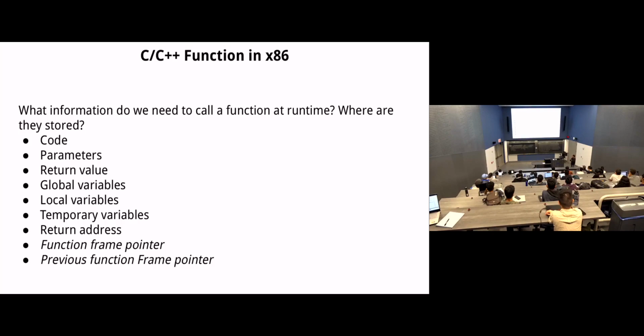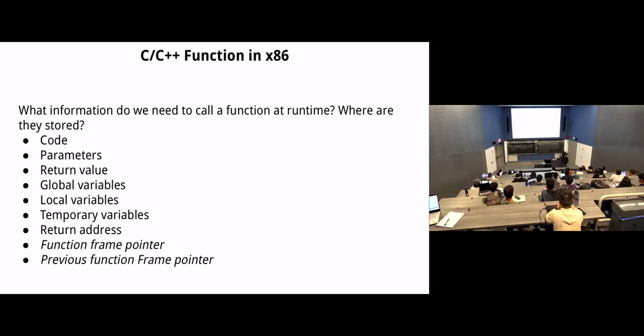You need to know what parameters you can give to the function, what return value this function will give you, and also the return address. After you call this function, the function eventually returns, right?